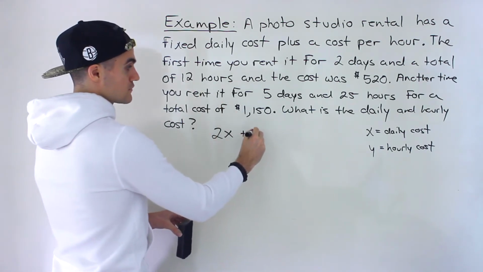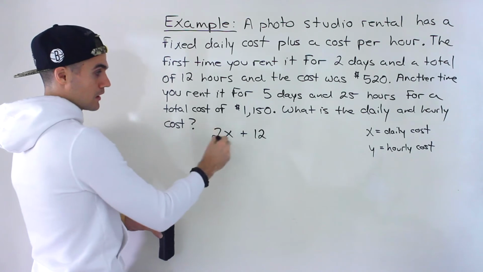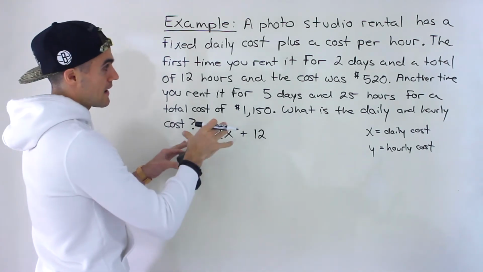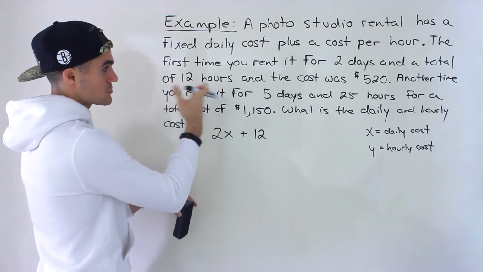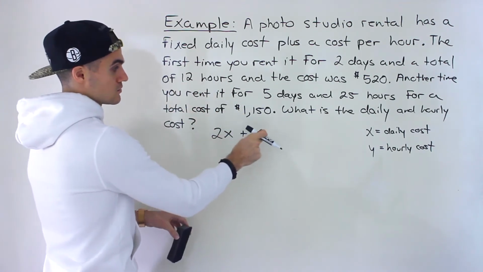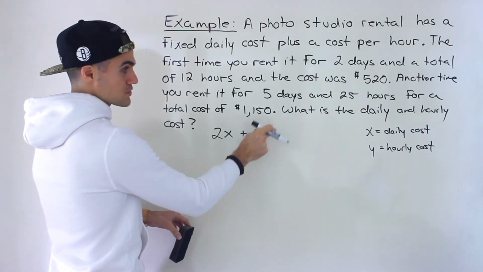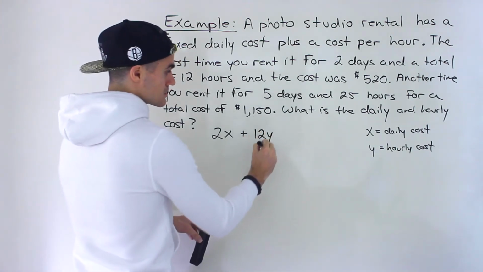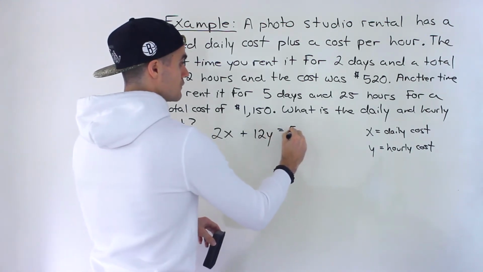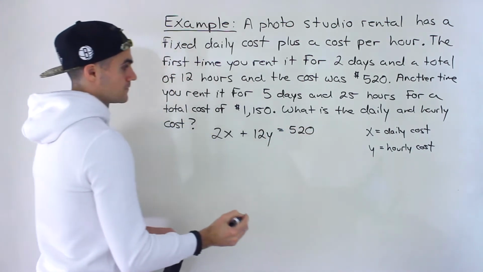You rent it for 12 hours among those 2 days, split up in whatever way it is, but it doesn't matter in this question. It's not 12 hours per day, it's just 12 hours in total over the 2 days. So 12 hours times the hourly cost. And in total, that total cost is going to be $520.